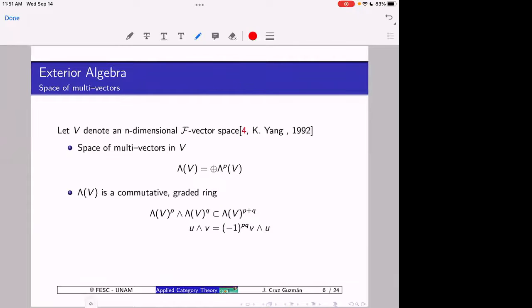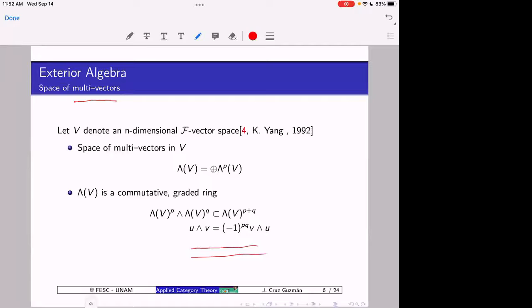Okay, here again the definition of exterior algebra of multivectors, and again here I wanted to ask your attention, in this definition that we are putting here are the same for Clifford algebra.